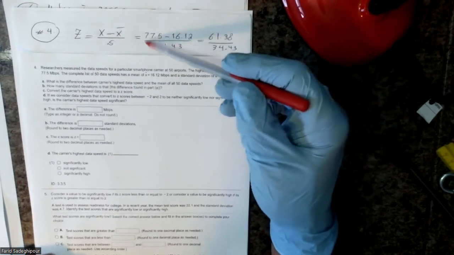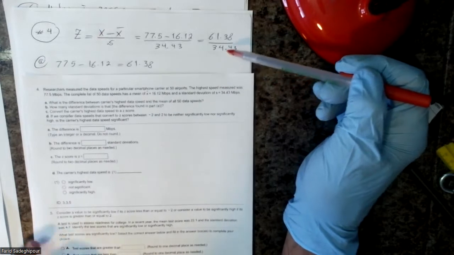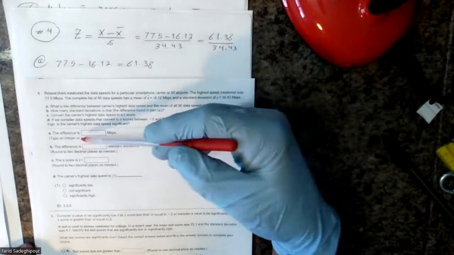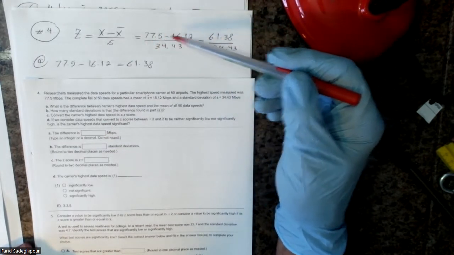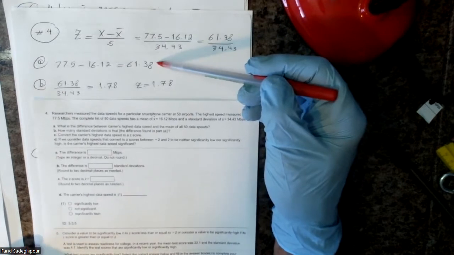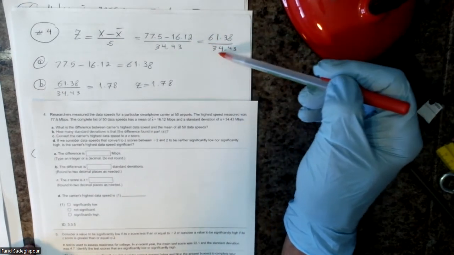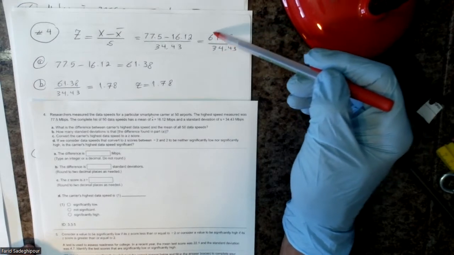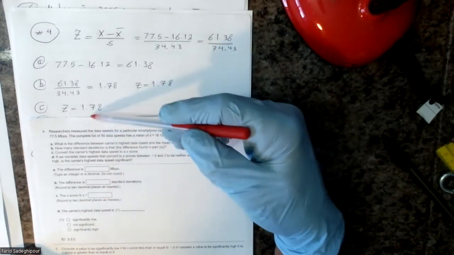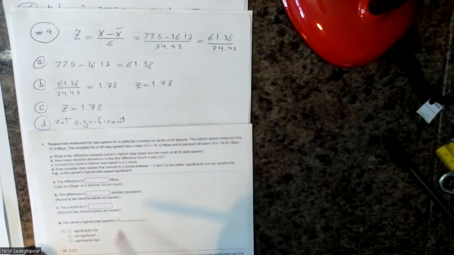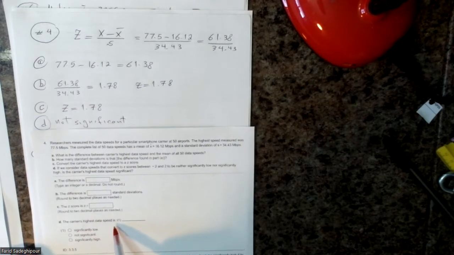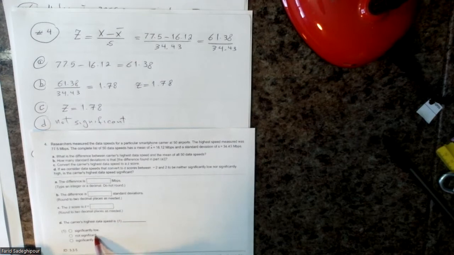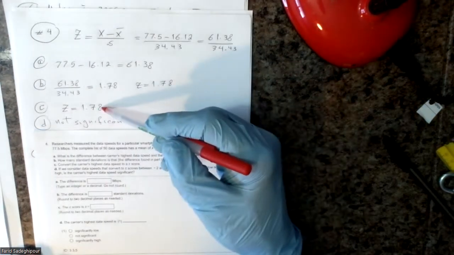When you put those numbers into this formula, that gives you the value of z. The first question is to find the difference between the mean and the new value. The second one, they want you to find the z value, which is this ratio. The z-score is 1.78. And the last question: the career high speed is not significant because it's getting very close to 2.